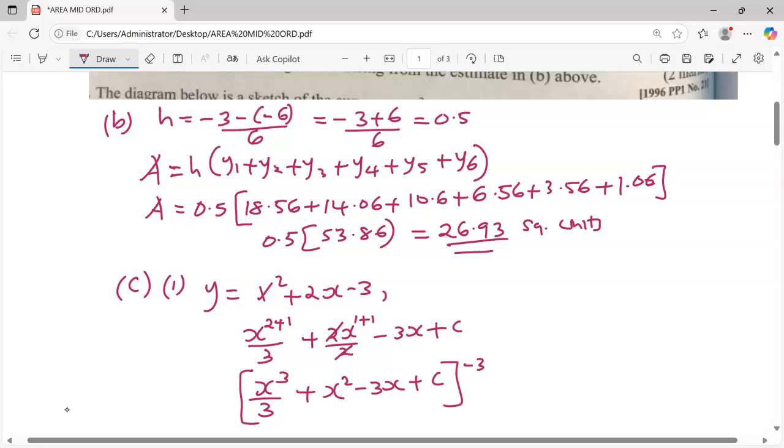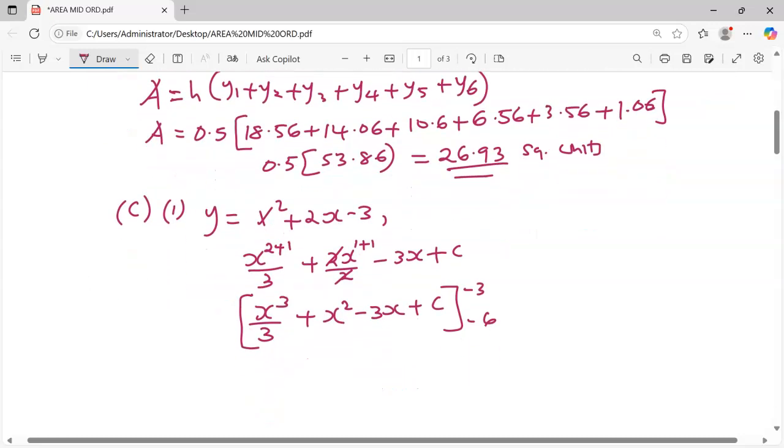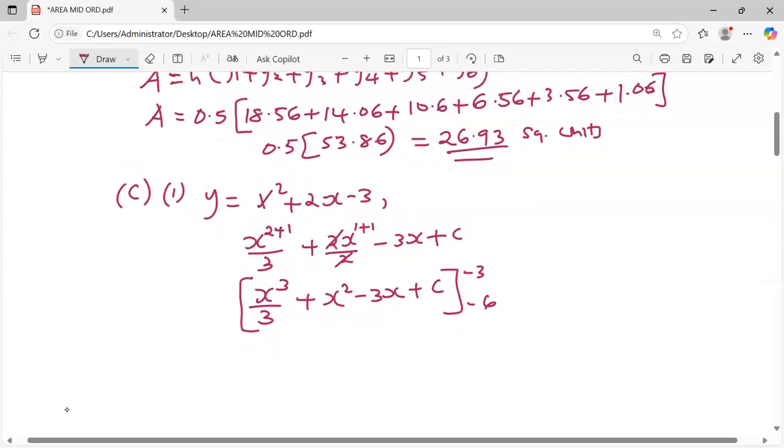Then we insert the maximum value of x and the minimum value of x. From there, we substitute the values. The maximum value of x is -3, so we are going to have -3 cubed divided by 3 plus -3 squared minus 3 into -3, plus c.